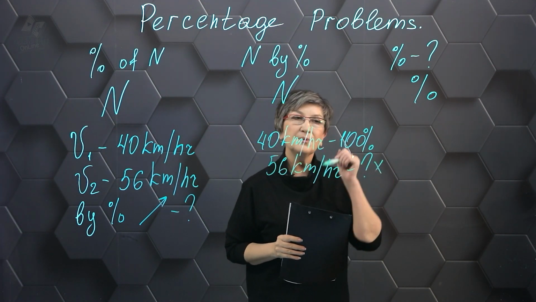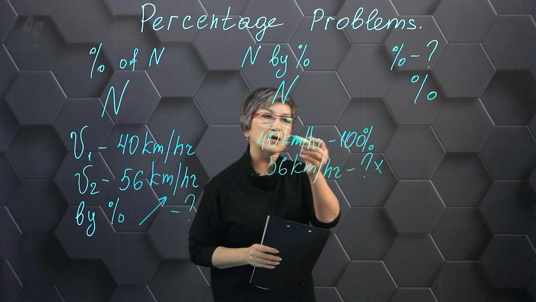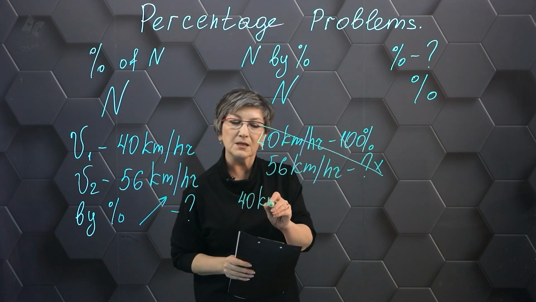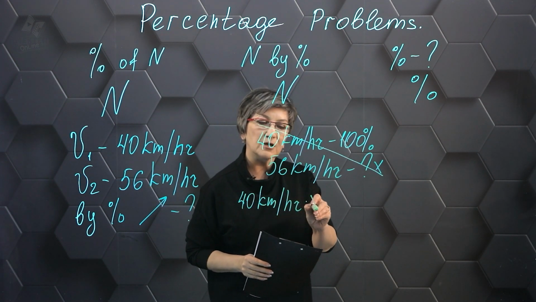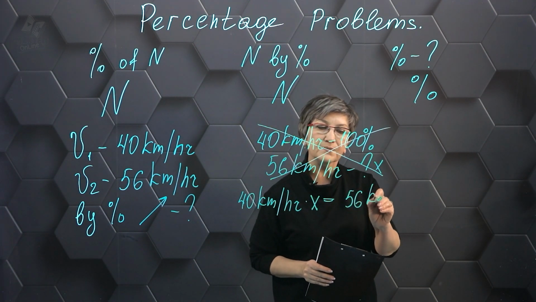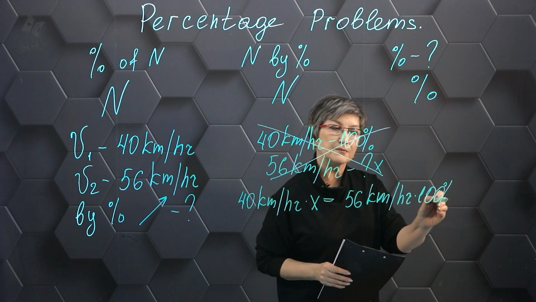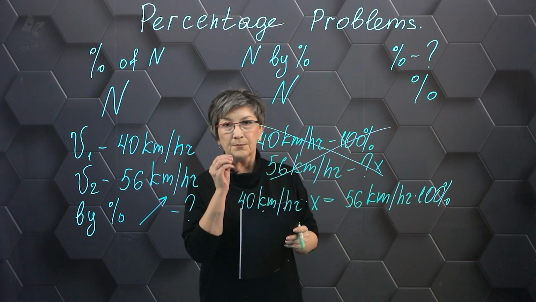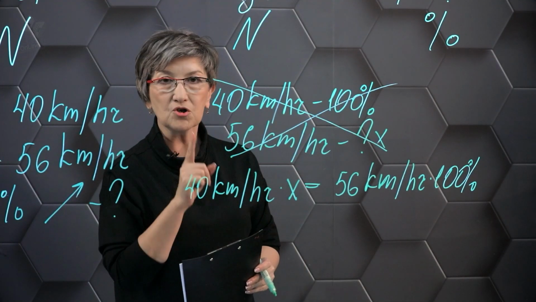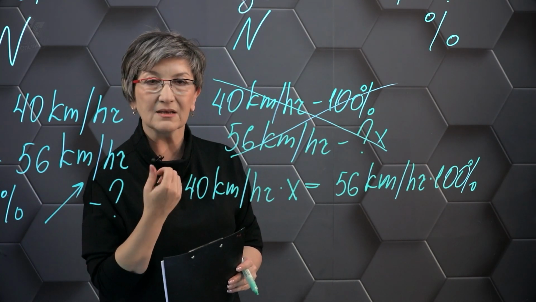The unknown is usually denoted by x, and then we multiply. 40 kilometers per hour times x equals 56 kilometers per hour times 100%. Always write units. Why? So that when you get the answer, you can realize whether it is the right answer or not. That will be your clue.